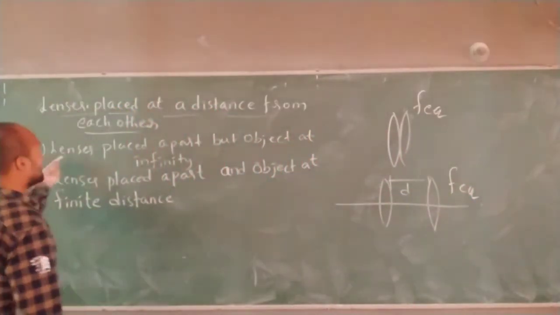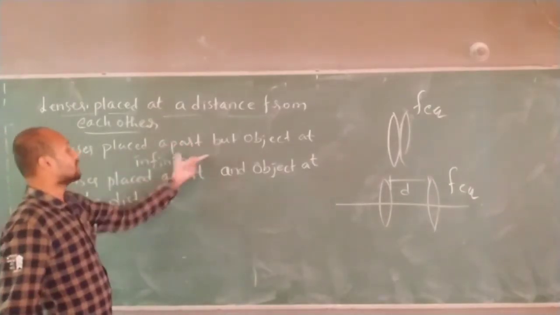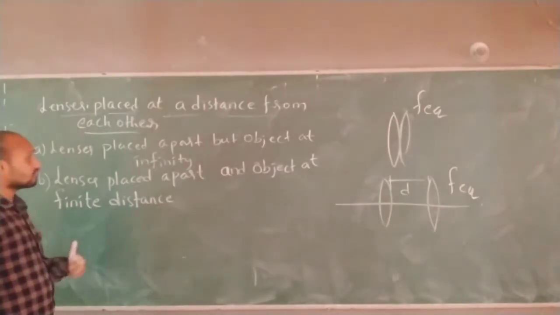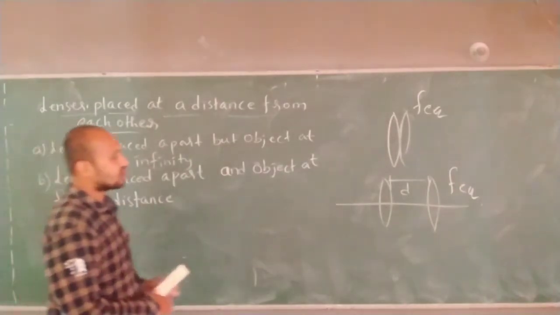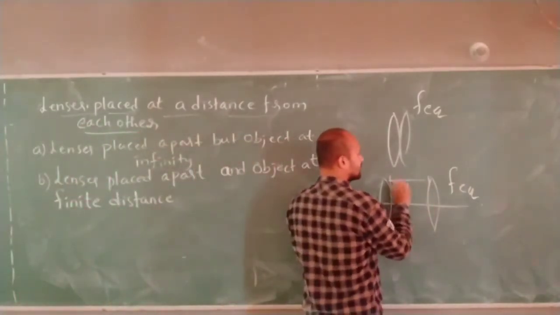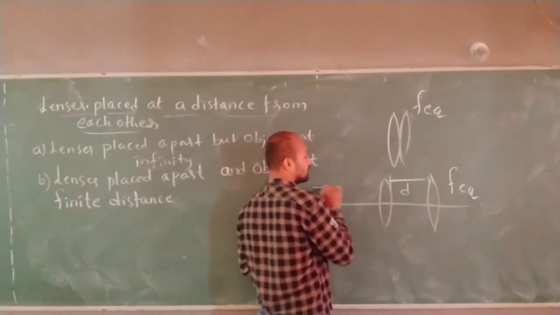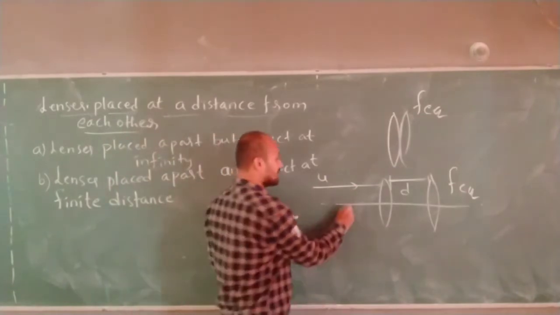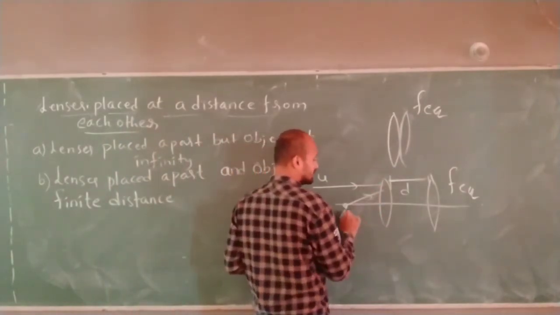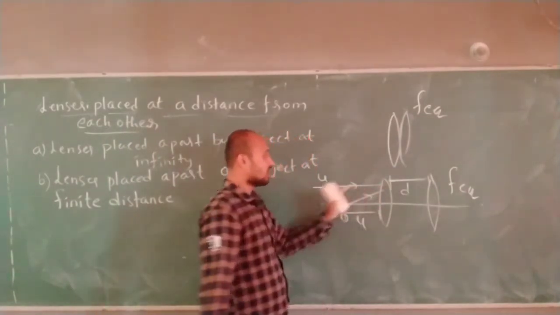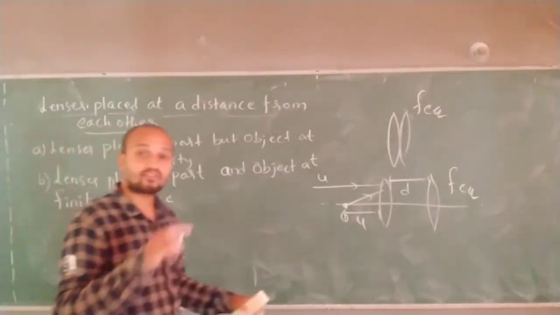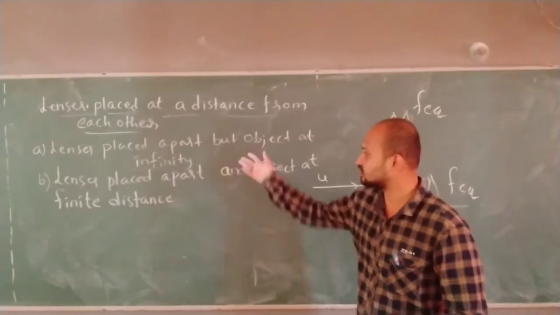Lenses placed apart but object at infinity, and lenses placed apart and object at finite distance. So when I am placing the two lenses with distance d, there are two possibilities. In one, the light is coming from infinity; in the other, the object is at a finite distance. We are going to find the equivalent focal length of the lens for these two cases.